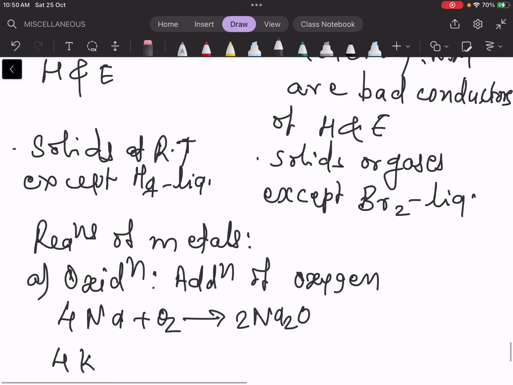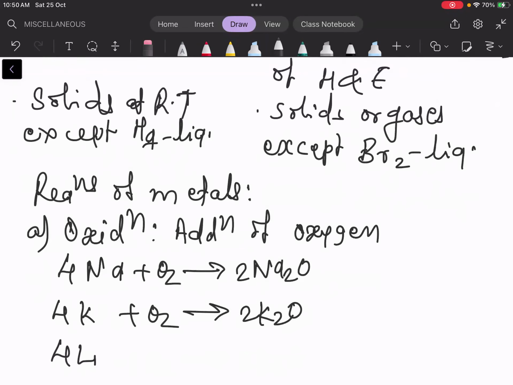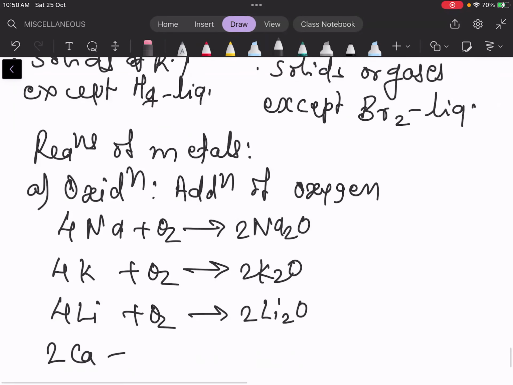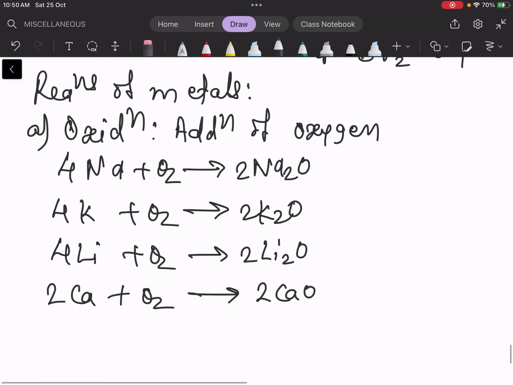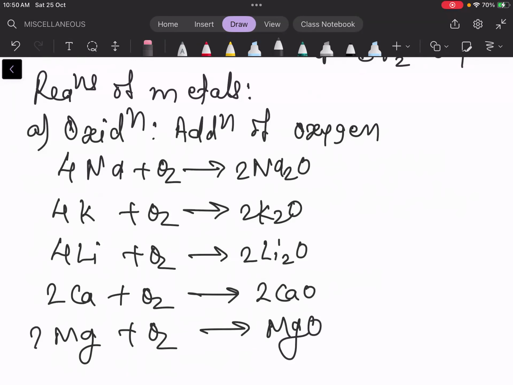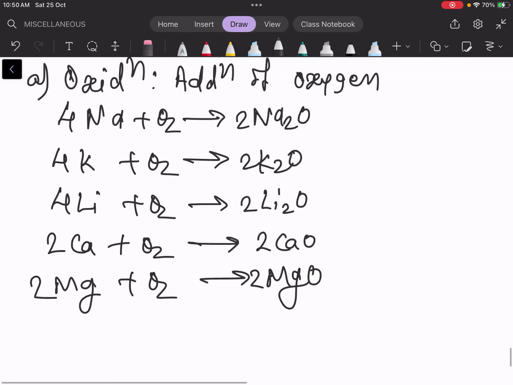Similarly, 4K plus O2 gives 2K2O, potassium oxide. Then lithium combined with oxygen forms lithium oxide. Similarly, calcium combined with oxygen gives calcium oxide. Similarly, magnesium combined with oxygen gives magnesium oxide.